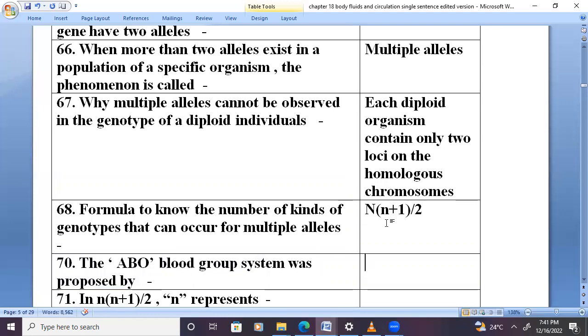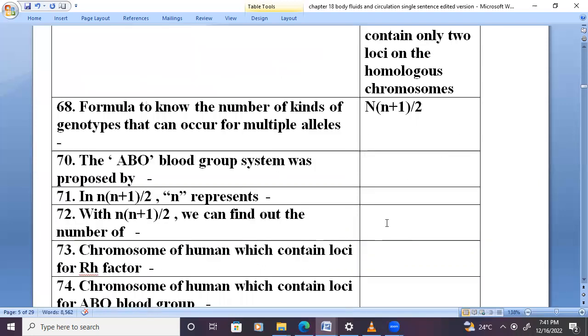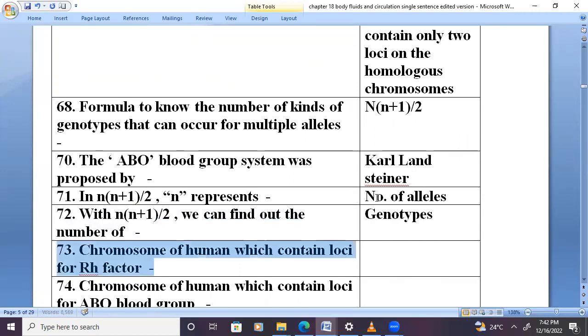The ABO blood group system was proposed by Carl Landsteiner.